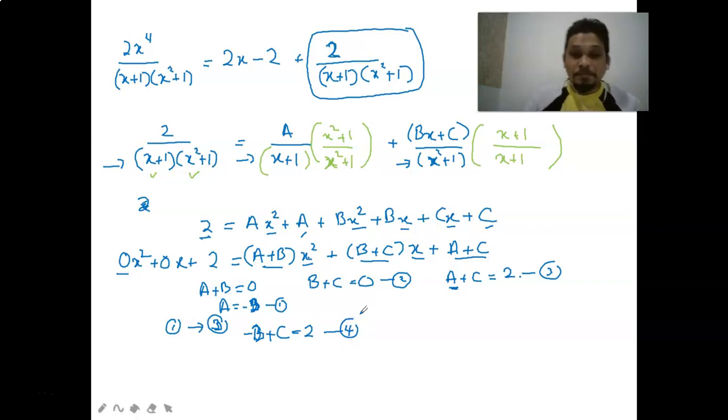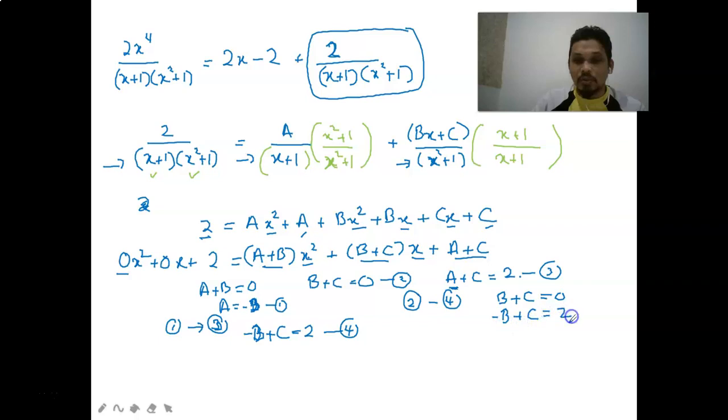Now let's make equation 2 minus equation 4, c with c. We got b plus c equal to 0, and negative b plus c equal to 2. Equation 2 minus 4, negative here.